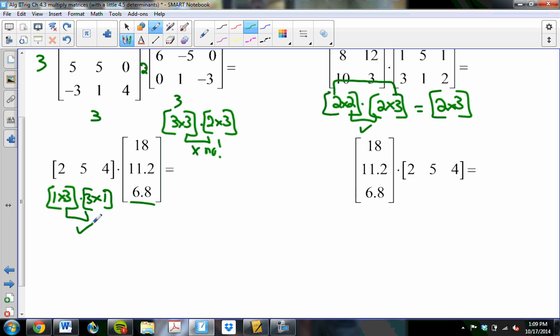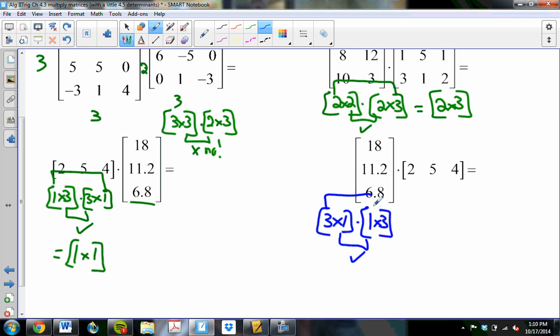I can multiply, and my new matrix will be a 1 by 1, because these outer numbers are 1 and 1. And finally, this is a 3 by 1. This is a 1 by 3. The inner numbers match up, and that's a good thing, so it's going to give me a 3 by 3.